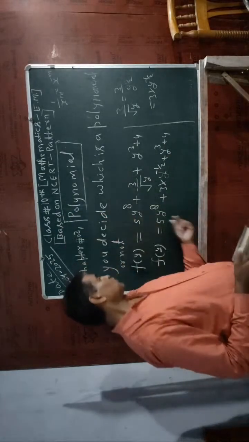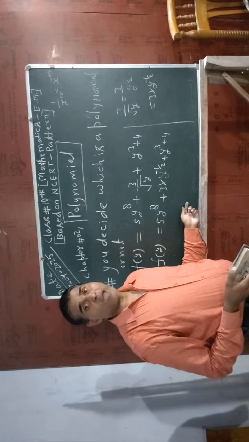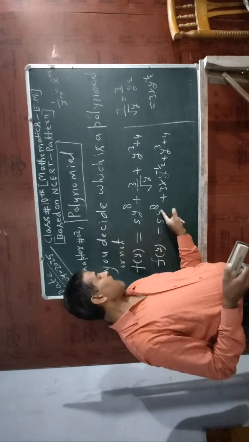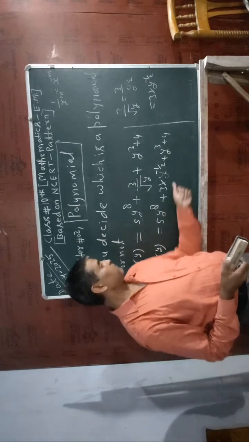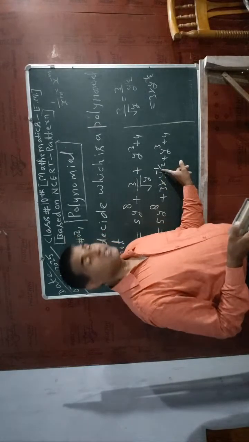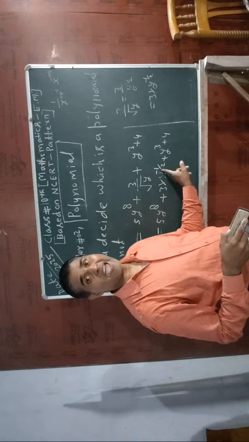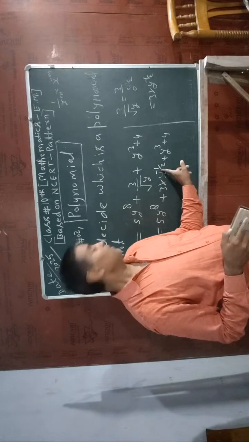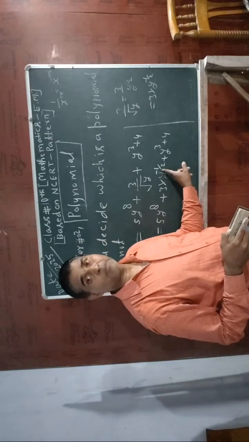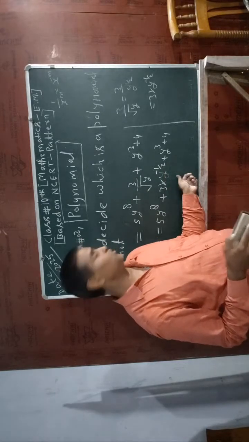In each term you have to consider the power of the variable. Here the variable is y and its power is 8, but here the variable is y and its power is minus 1 by 2. If it is a polynomial, each and every term has a positive power. Here a negative power is present, so it is not a polynomial.